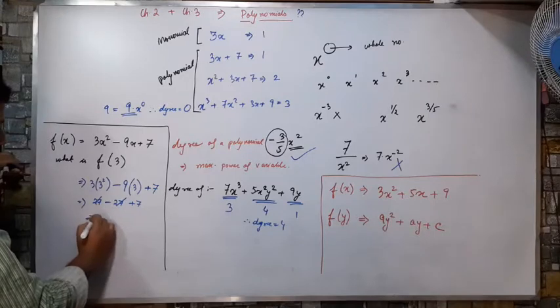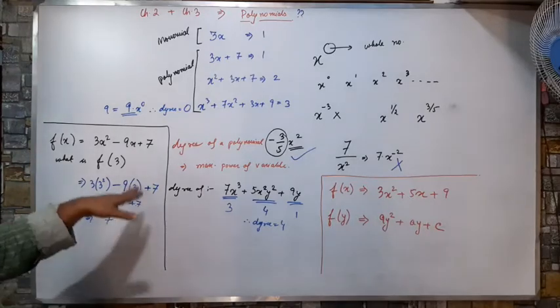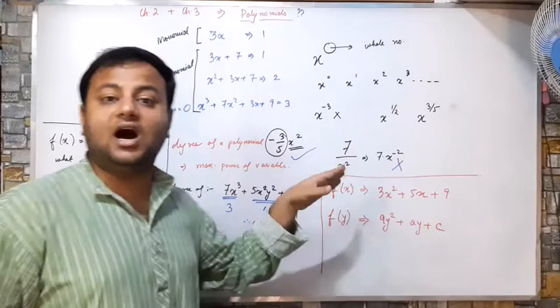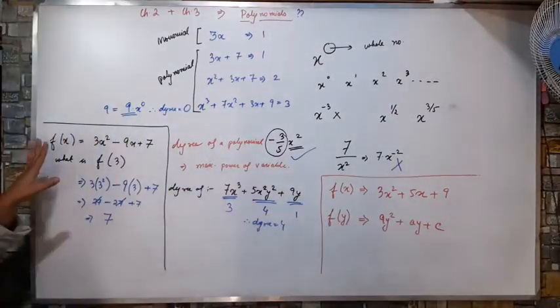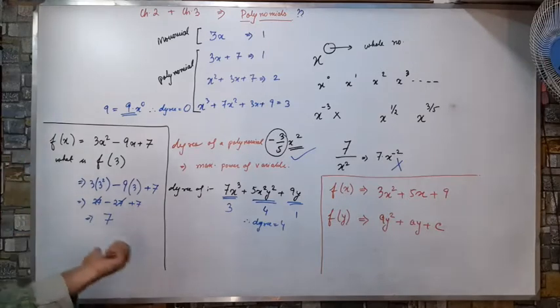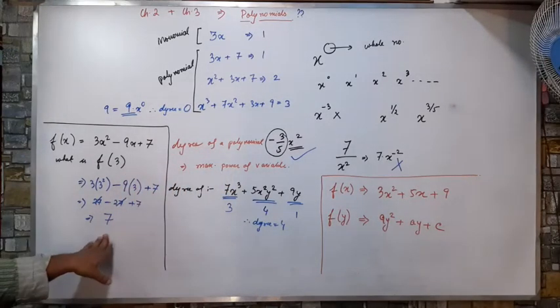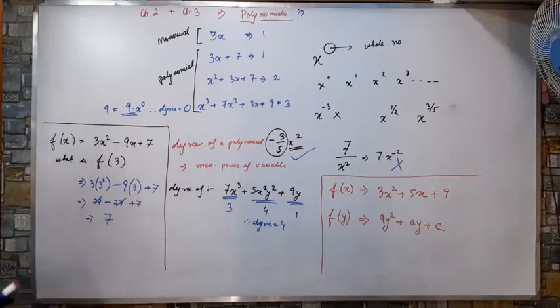So the answer is 7. Correct. So this is how my polynomial can be expressed with the help of an unknown term. The unknown term's value if given, I will substitute that value in the places of the variable term so that I can get a value out of this. And the value I have obtained is known as the remainder.